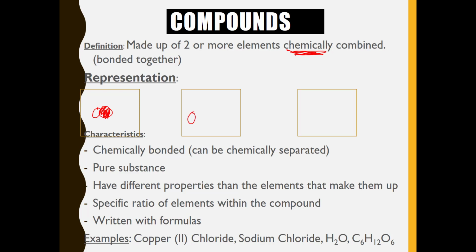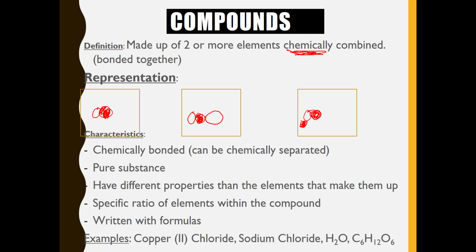You can have three different elements bonded together. And you could even have really unlimited amounts bonded together. But the big thing here is that they're not of the same compound. That's really what we're trying to get there. These compounds aren't made of the same thing.